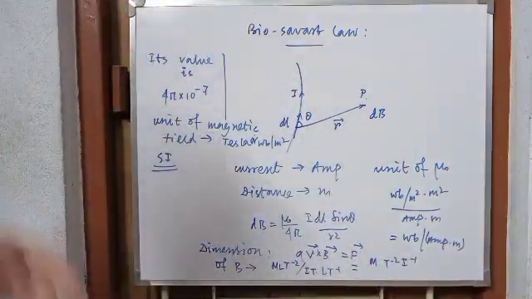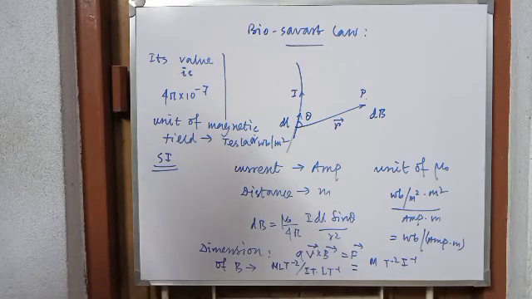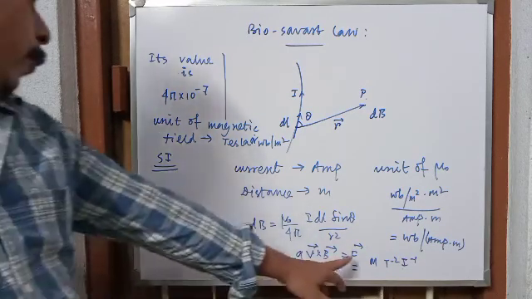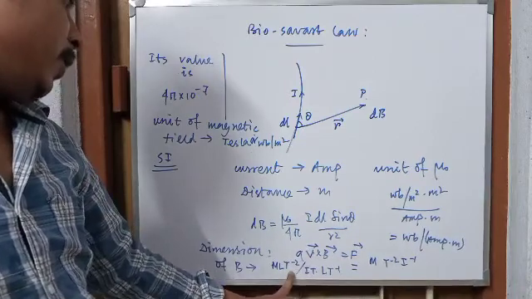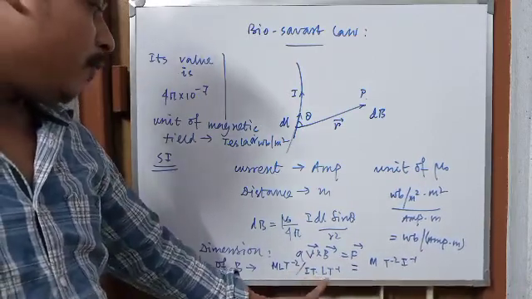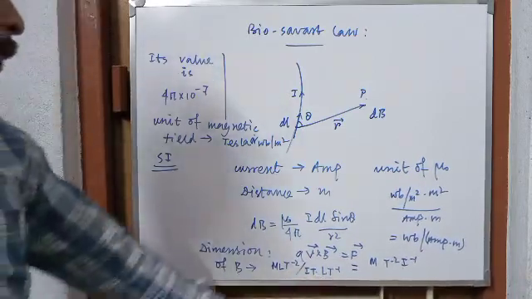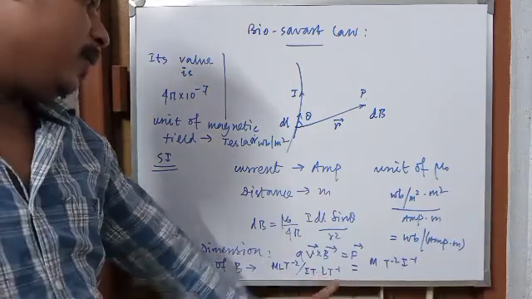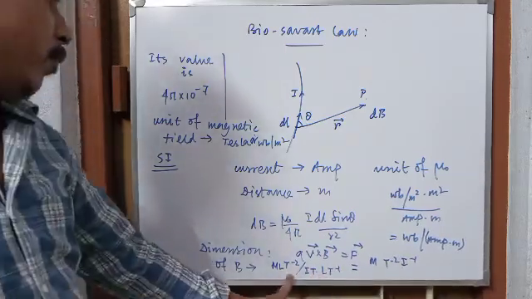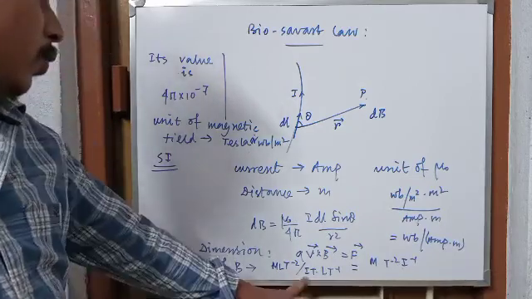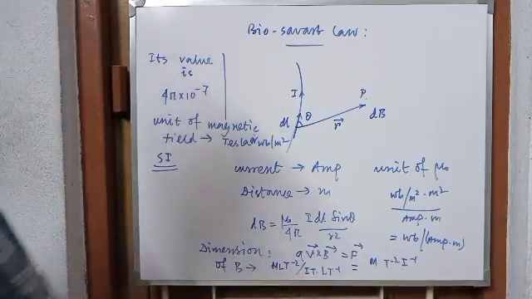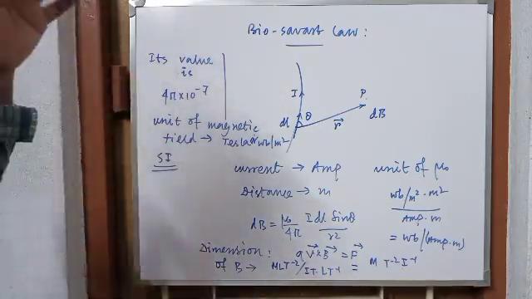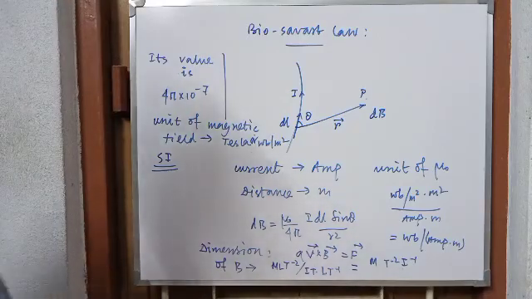Force is M L T to the power minus 2, q is I into T, v is L T to the power minus 1. qv means I into L, T inverse cancels, M L T to the power minus 2 by I into L, so L cancels and we get M T to the power minus 2 I inverse.